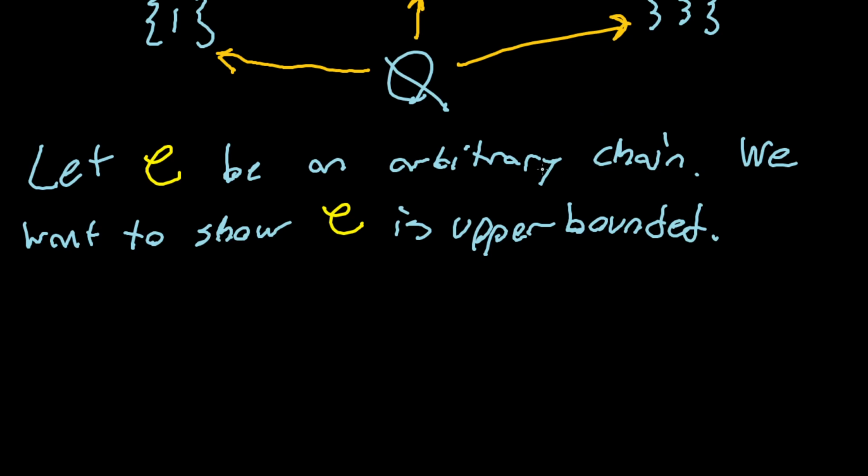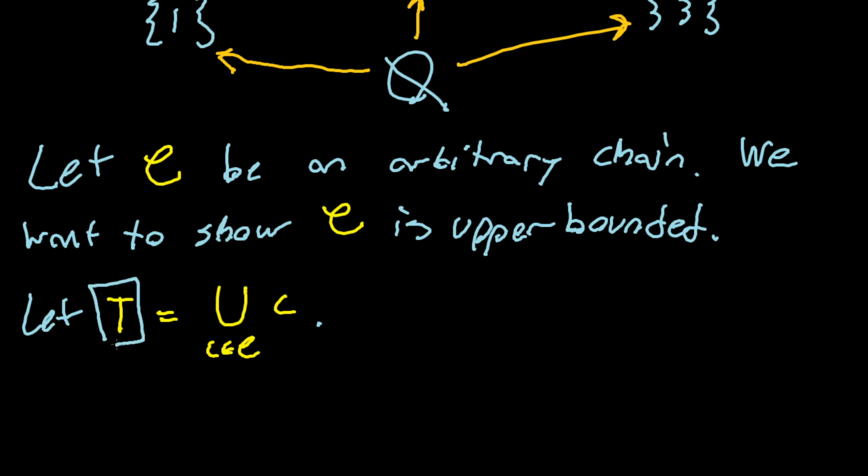Okay. So, how do we do that? In this situation, it's simple because it's finite. So let's make some very basic argument to show that this set is upper bounded. So I guess I'll call this set T, the union of every set in the chain. And now, importantly, we need to argue that T is still a member of the family.